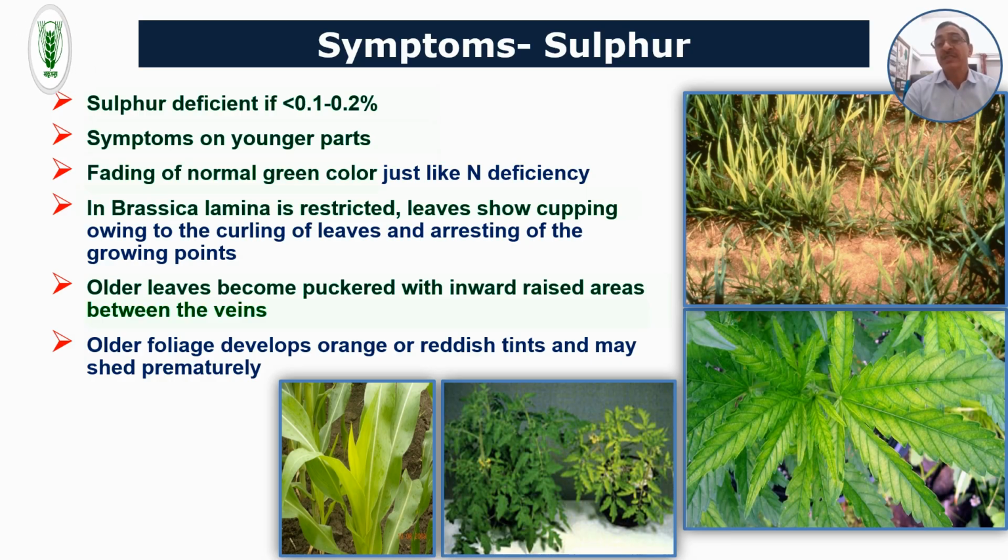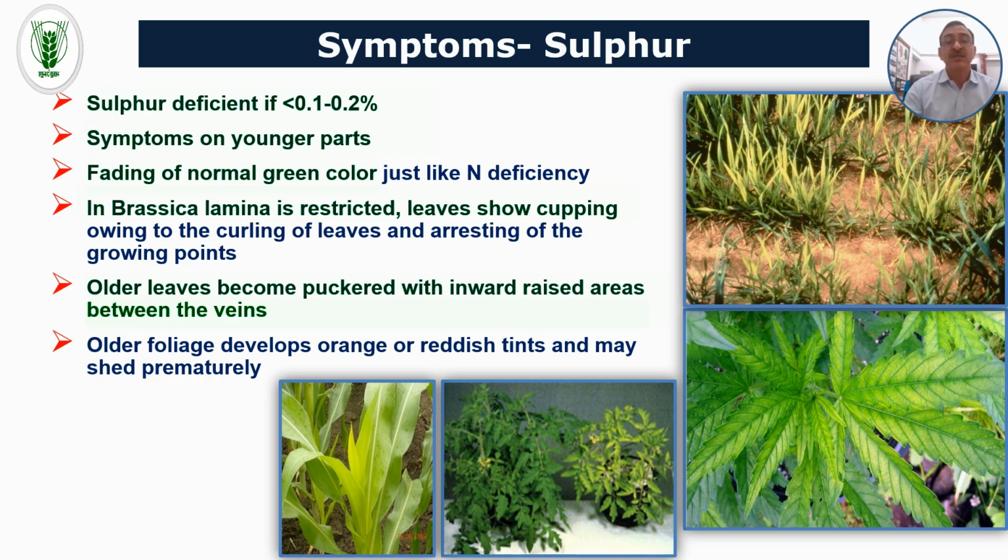So in cereals, the younger leaves are yellowish, but you see at the ground level the leaves are green. So this is a clear-cut indication. Here in the case of tomato, we can clearly see how the upper leaves are yellowish, but see the normal plant where the elements are there, there is no symptom. So this symptom is very easy to identify in field conditions.